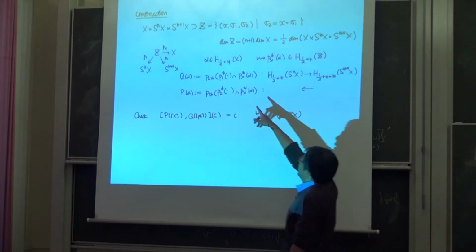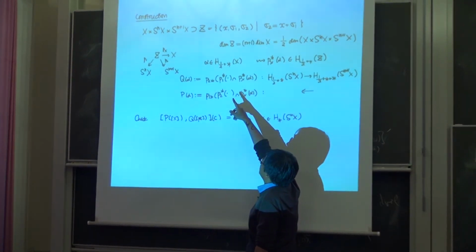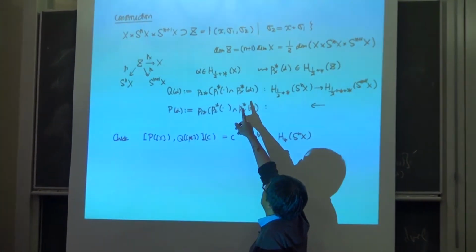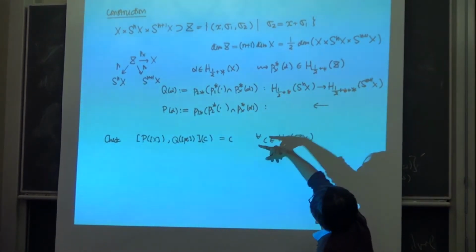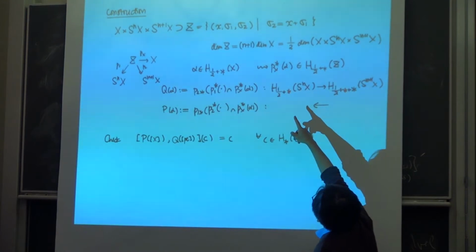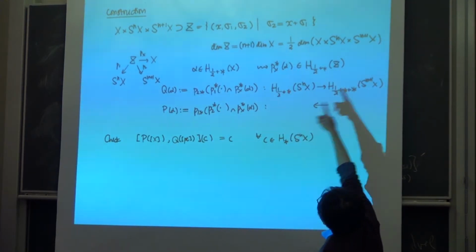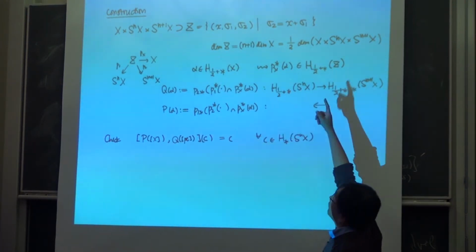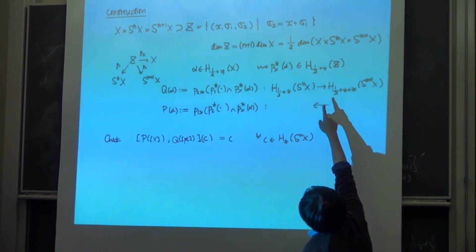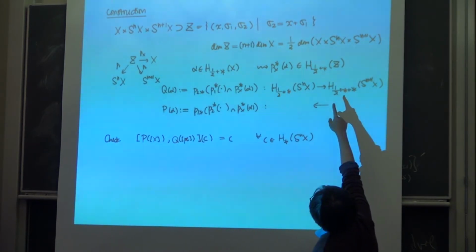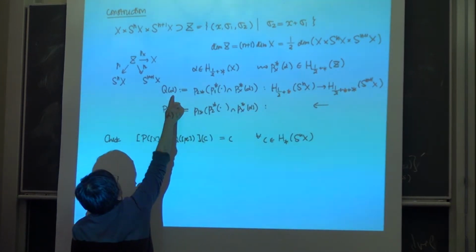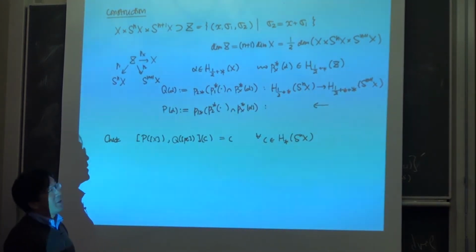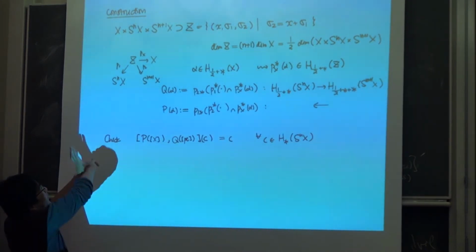So anyway, I pick up a class alpha from the homology group of the base, and I consider its Poincare dual, and I put it back to a cohomology class on Z, and I again take Poincare duality to consider the homology class on Z. Then I define operators Q alpha and P alpha in a very similar way, just pull back and push forward.